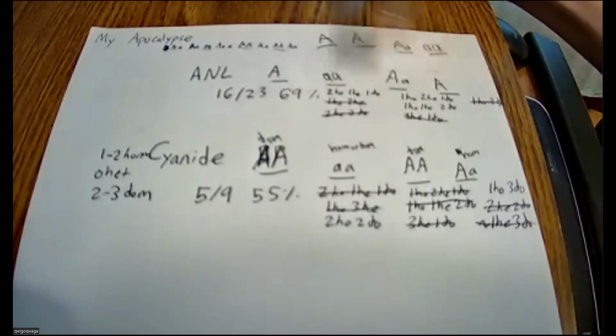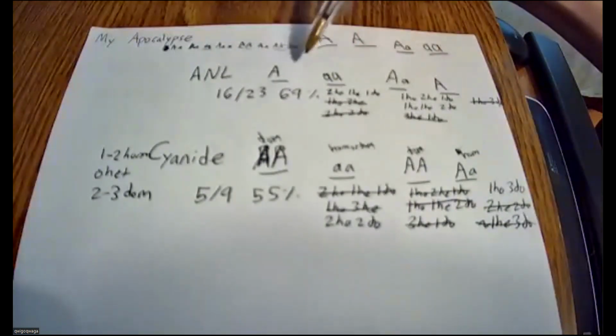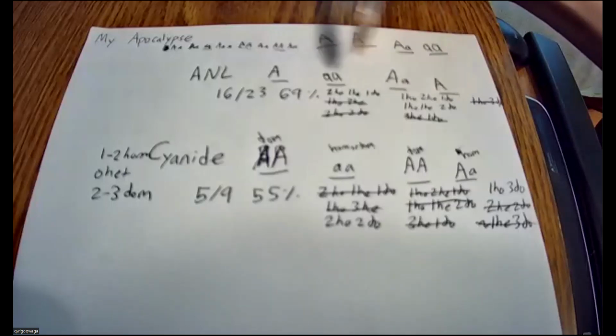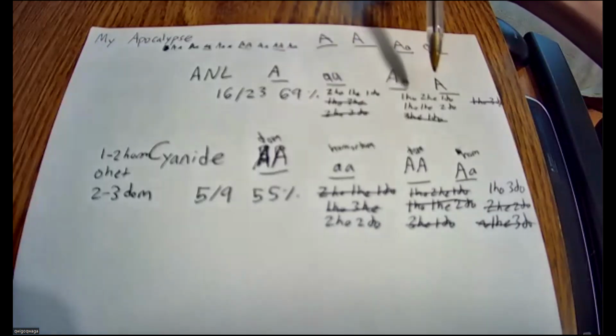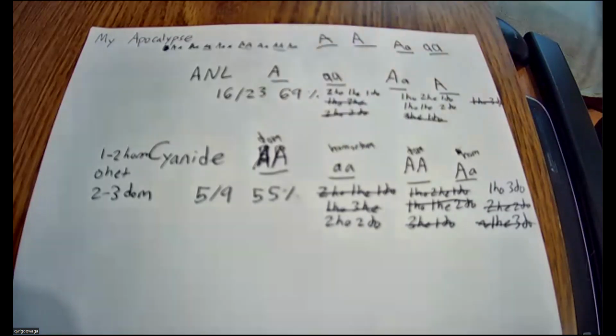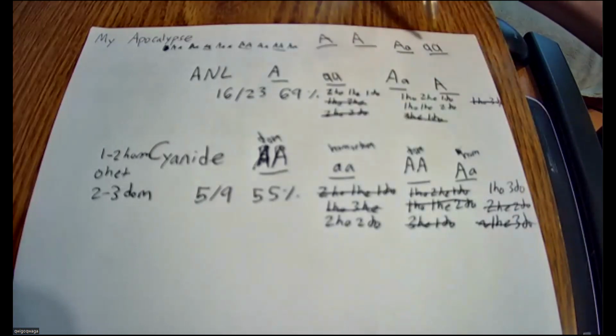These could still both be Homs if these are carrying. 1 Hom, 2 Hets, and 1 Dom. Could be 1 Hom, 1 Het, 2 Dom. So those are all still possible. We haven't ruled out anything further, but we do know now where these genes are for these two siblings.